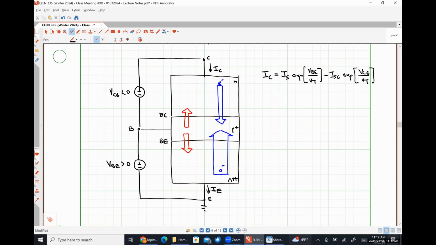To sustain this increased hole diffusion, the base current has to also increase. So our base terminal is still going to be responsible for supplying the holes that are contributing to recombination in the base region, as well as hole diffusion into the emitter and into the collector.